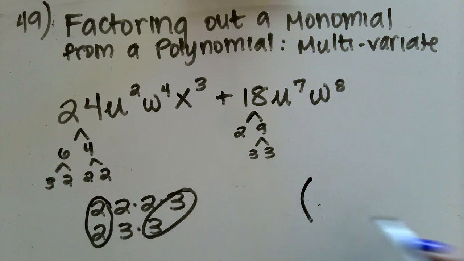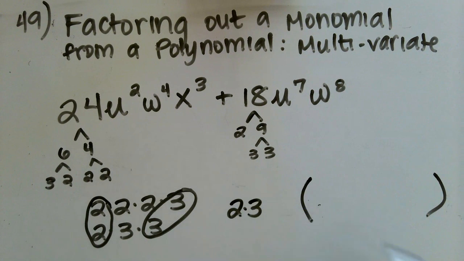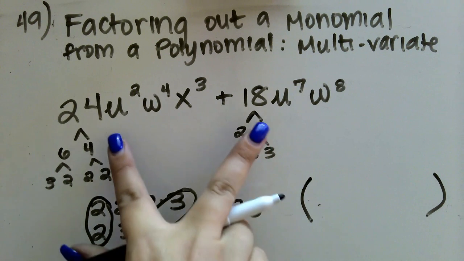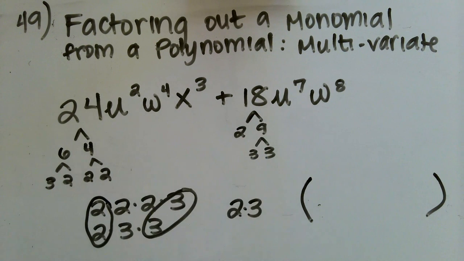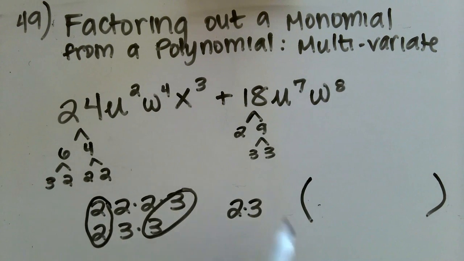So I'm going to start by writing out a set of parentheses, and I know that my GCF, or my greatest common factor, is going to have a 2 and a 3, and remember, we're multiplying these together. Now let's think back to last video, where let's first just look at the u's. We do not need to look at any of our other variables just yet.